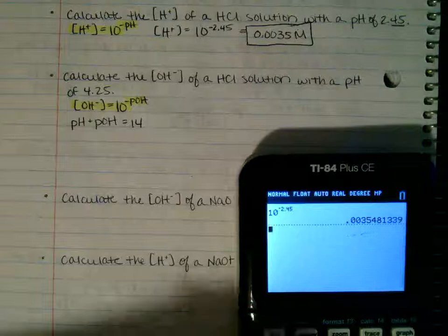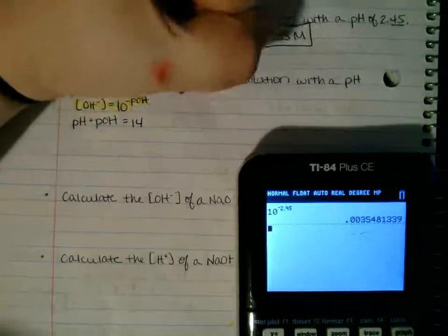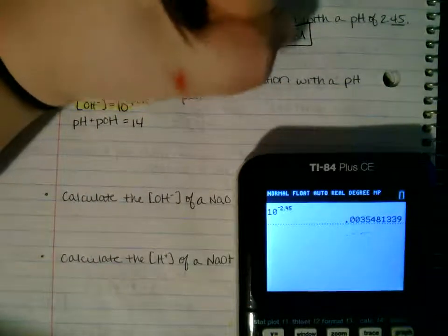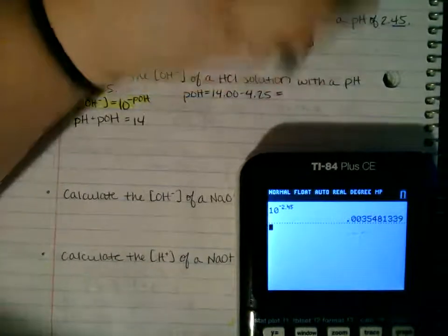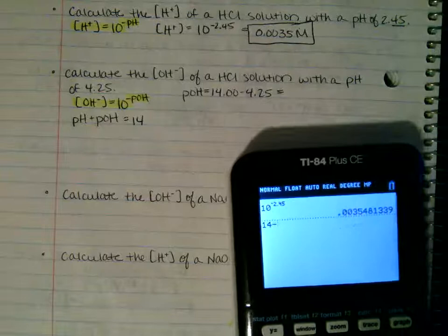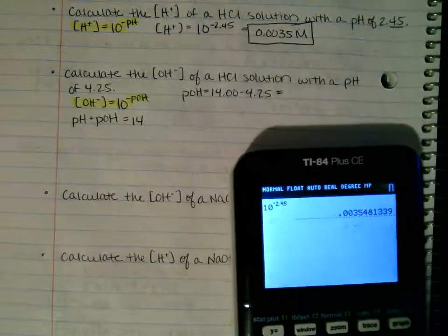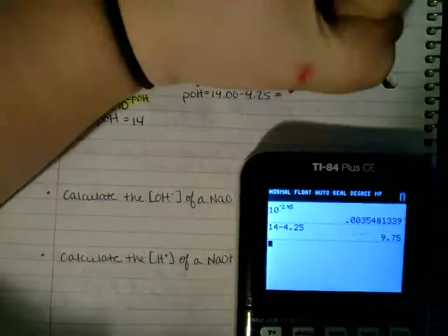Okay, you can first calculate the pOH, which would be 9.75.